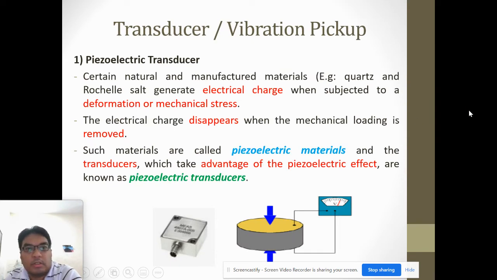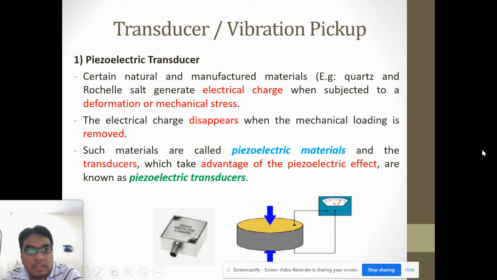The first one is the transducer or vibration pickup. The piezoelectric transducer uses certain natural and manufactured materials, for example quartz and Rochelle salts, that can generate electrical charge when subjected to deformation and mechanical stress.